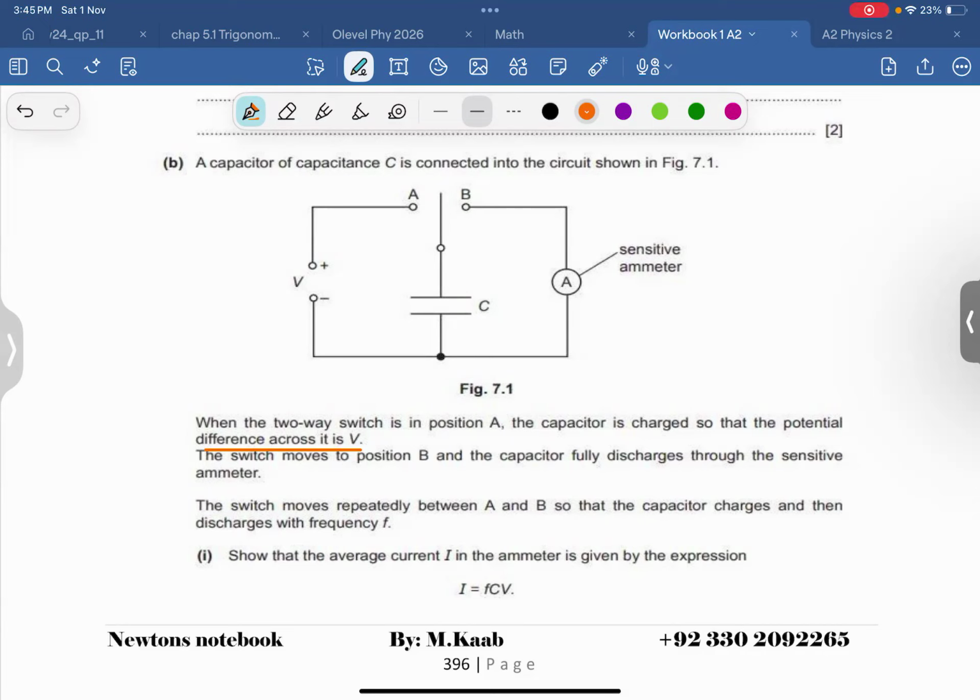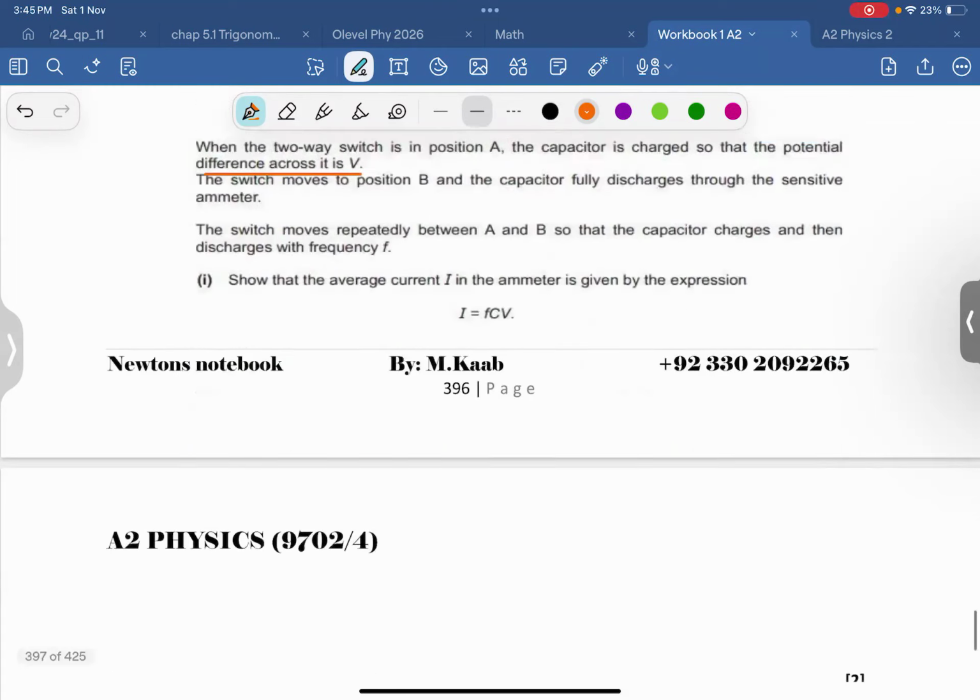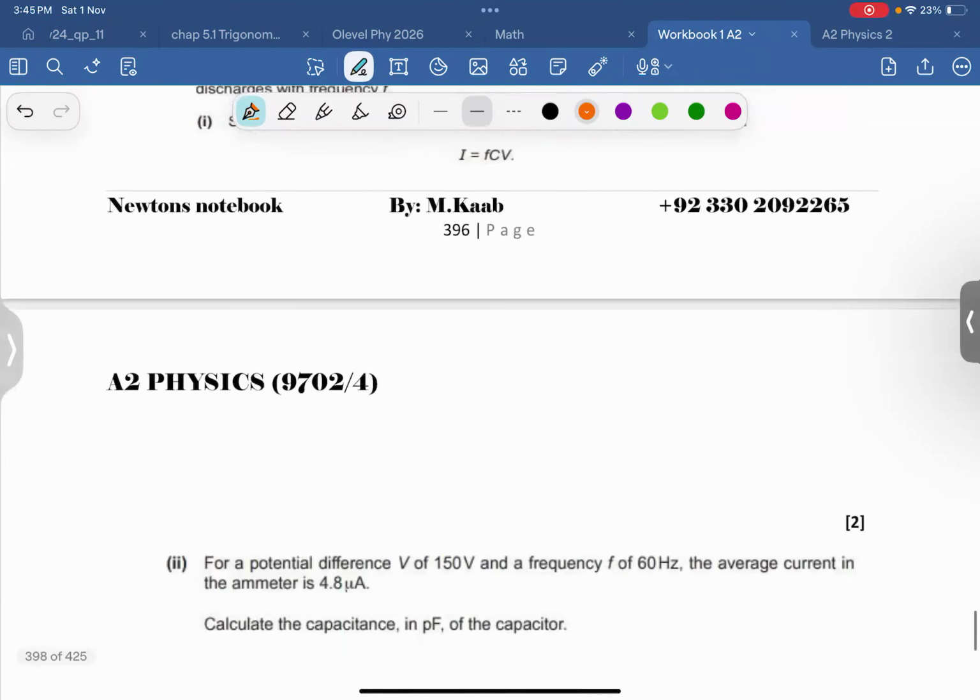Then the switch is moved to position B and the capacitor fully discharges through the sensitive ammeter. The switch moves repeatedly between A and B, so that the capacitor charges then discharges with a frequency F. So this is the discharging of the capacitor with a frequency F.